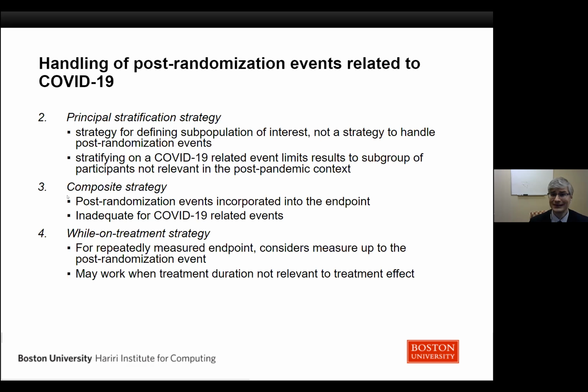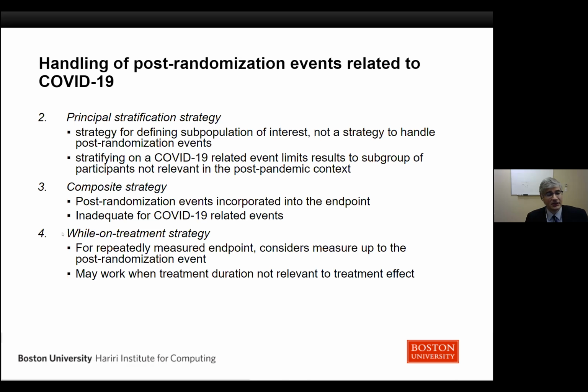The composite strategy, the idea is to incorporate an intercurrent event into the primary or secondary endpoint. So it might be relevant outside of the context of COVID-19, but clearly here, unless the trial is, for example, specifically about the use of ventilation, it would be inadequate to incorporate those events into the endpoint.